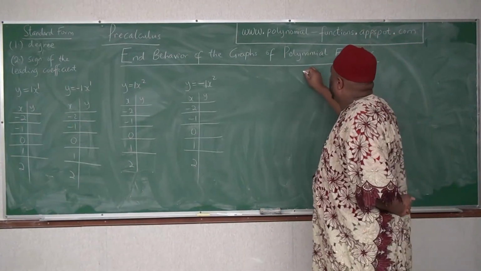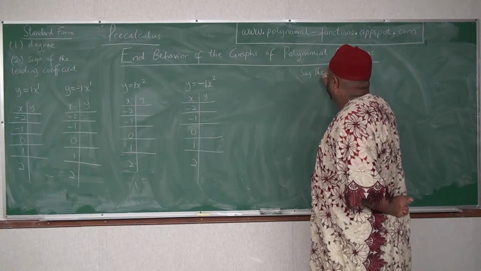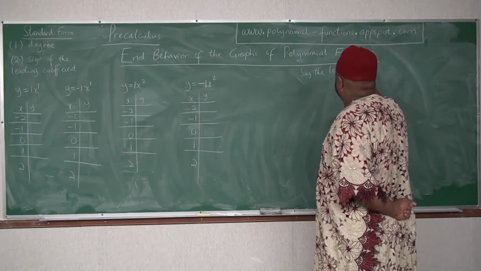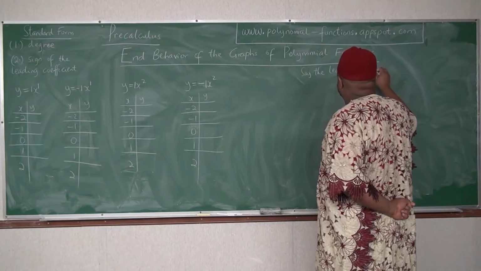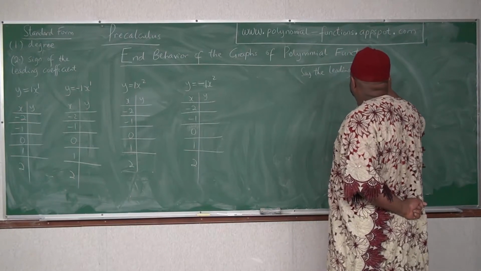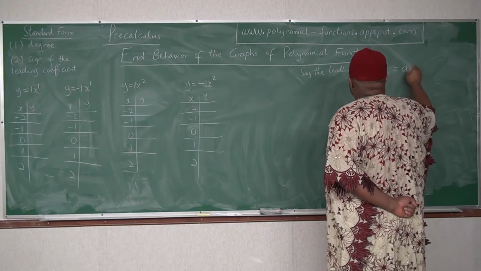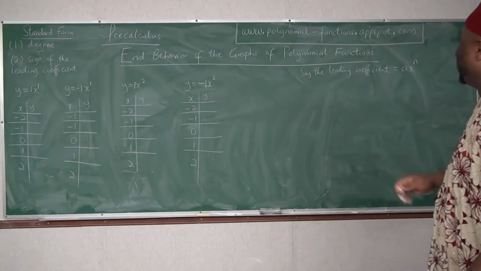Say we have the leading coefficient is equal to ax^n, the leading coefficient.